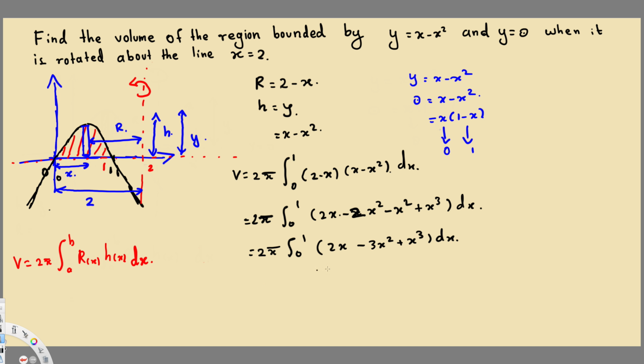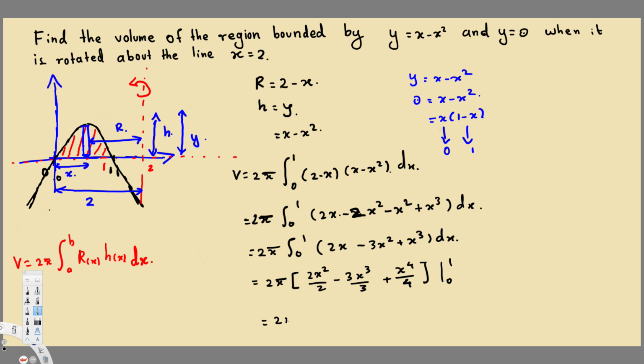Now let's do the integration. This is 2 pi times [2x squared divided by 2 minus 3x cubed divided by 3 plus x to the power 4 divided by 4], and no more dx once we integrate. This is going from 0 to 1. Let's plug in 1 first.